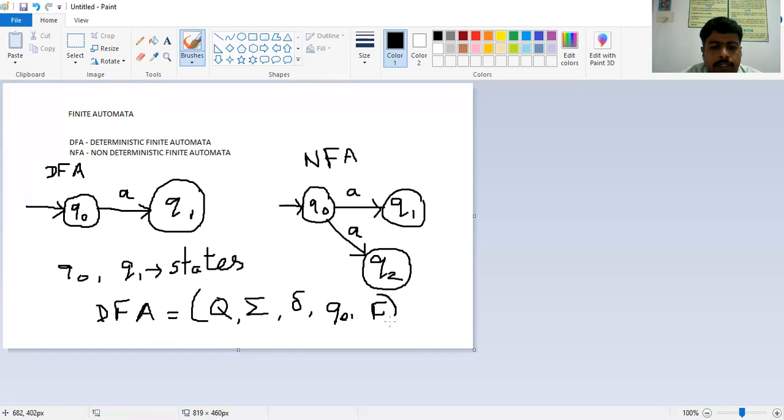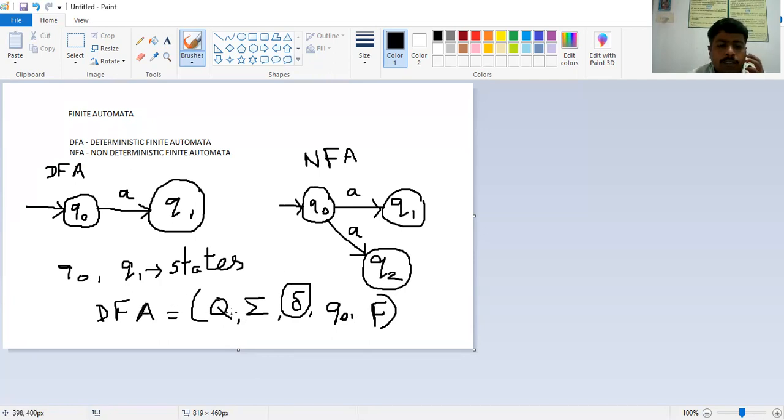These are the 5 different tuples available in your automata. These 5 tuples are applicable to both NFA and DFA. Only the transition should be varied. That we will see, right? The NFA and DFA problems we will see in the next class.